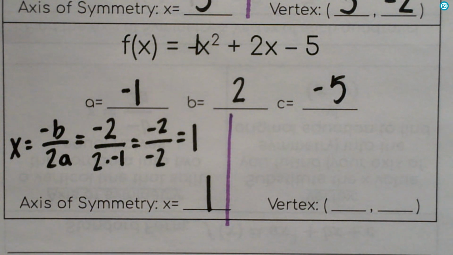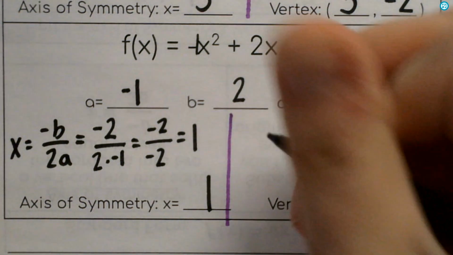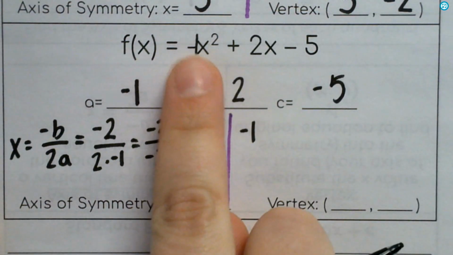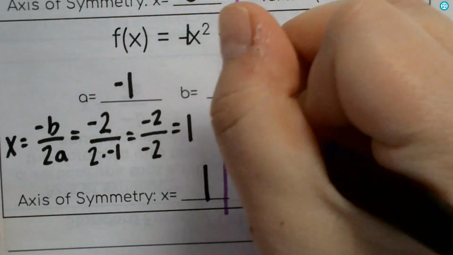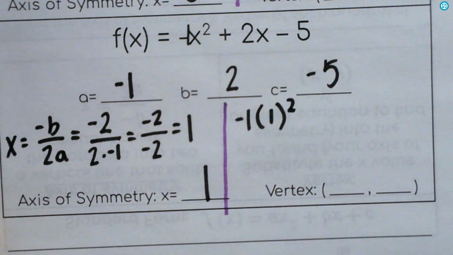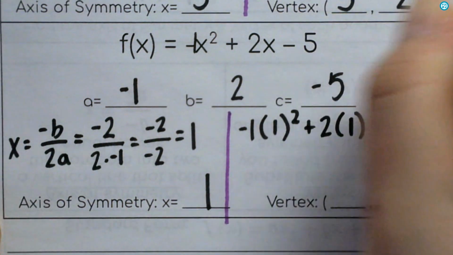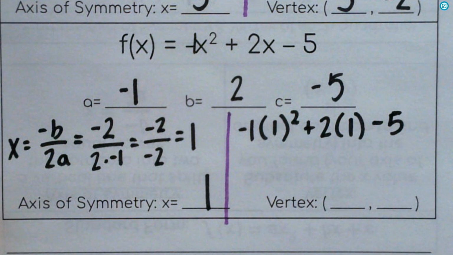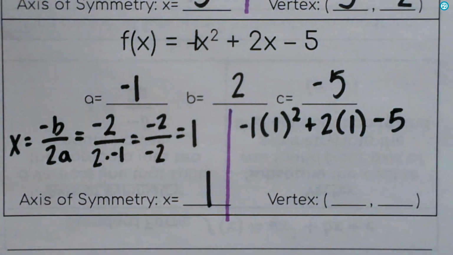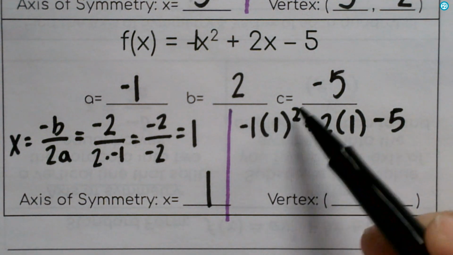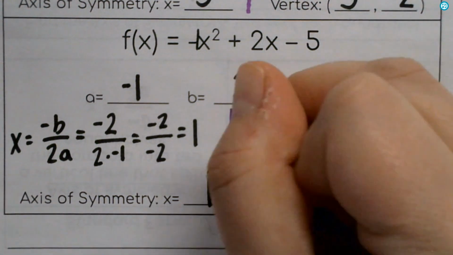Okay, so from there, we are now going to plug in 1 for our x value. So we've got negative 1, because I had that negative 1 as my a value, times x squared, which is 1 squared, plus 2 times 1, minus 5. If I were to do this by hand, I would do my exponents first. 1 squared is 1, because 1 times 1 is 1, times negative 1 is negative 1.